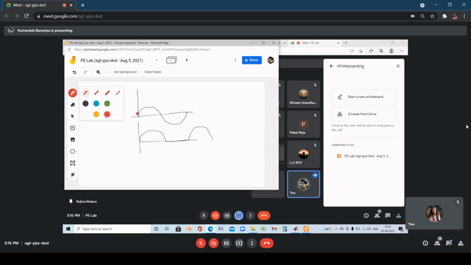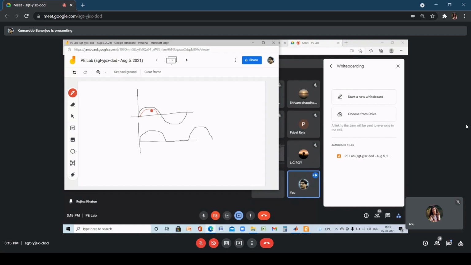Because of this cut-in voltage, what really happens? The conduction part looks like this. Okay, why like this? Because until unless the input voltage exceeds V gamma, the circuit will not work. The diode will not conduct.